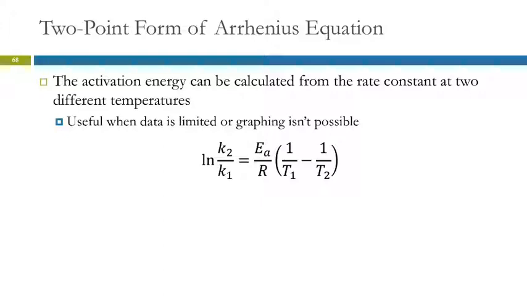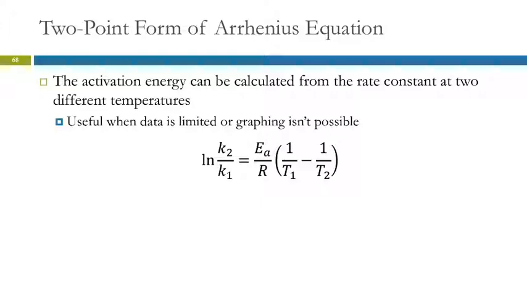The Arrhenius equation is great when we've got lots of data. We've measured the rate constant at all these different temperatures, and we can graph the data. What if you don't have the luxury of all that data, or you don't have the means to do graphing and linear regression? Then we can use what's called the two-point form of the Arrhenius equation.